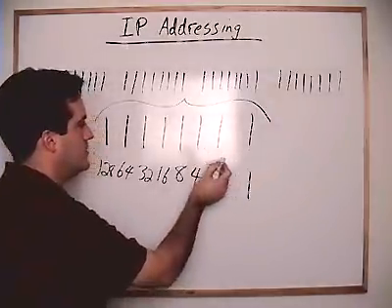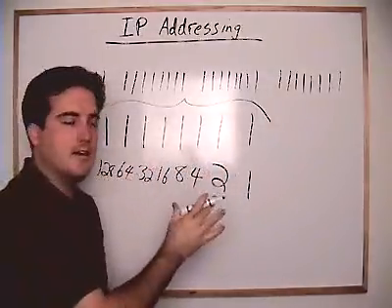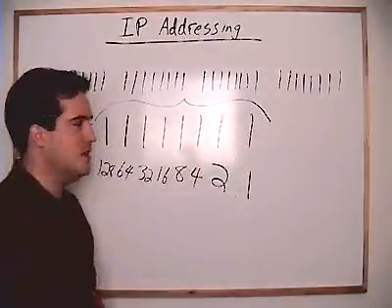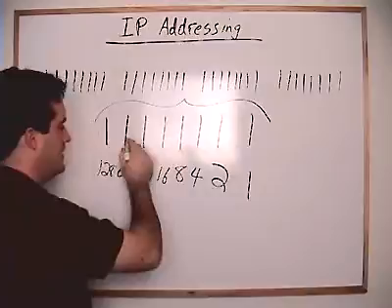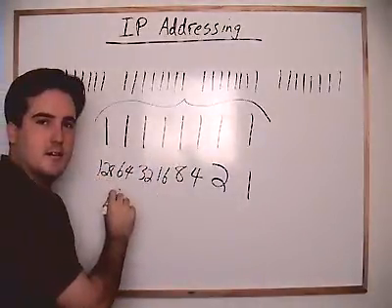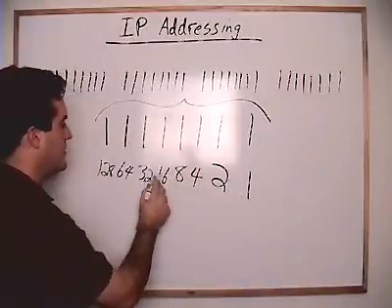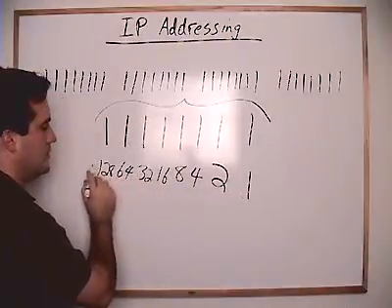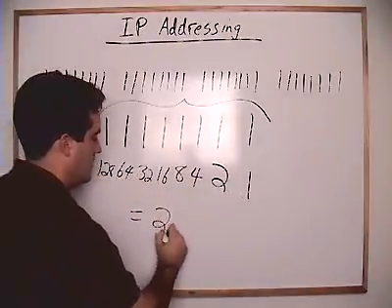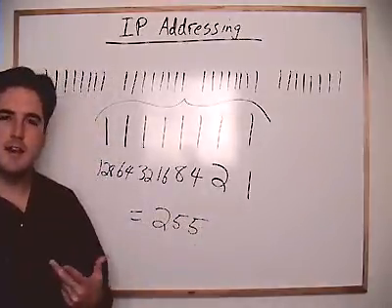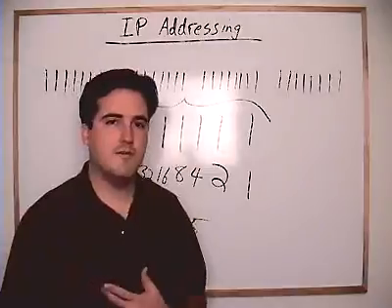So now if we were going to determine what is the decimal value of this binary number, then we would take all of the ones, take the value that is assigned, and add them all up. So 1 plus 2 plus 4 plus 8 plus 16 plus 32 plus 64 plus 128 equals 255. So how would we assign a number other than 255? Well, simple.